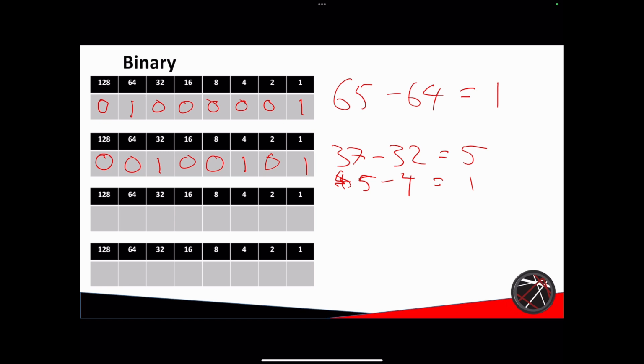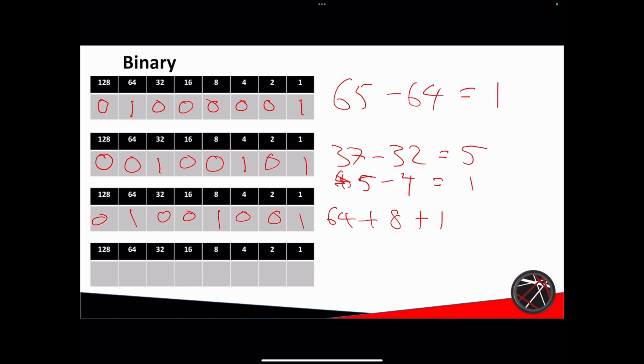What we also need to be able to do is read binary. So if I just put a random one in just to look at it, all we're doing is the opposite now. So I'm reading this, and you can see that I've got 64 is on, so therefore 64, and then I'm going to read across, and I've got 8, and I've got 1.